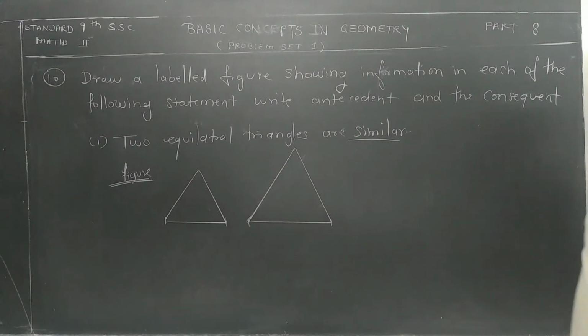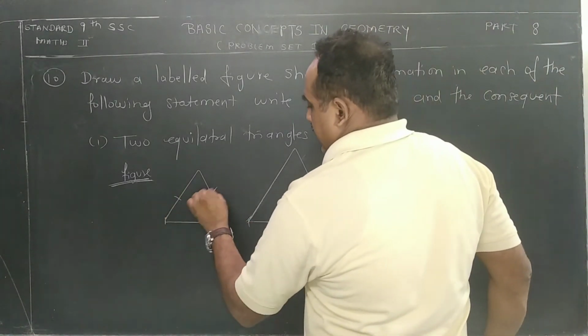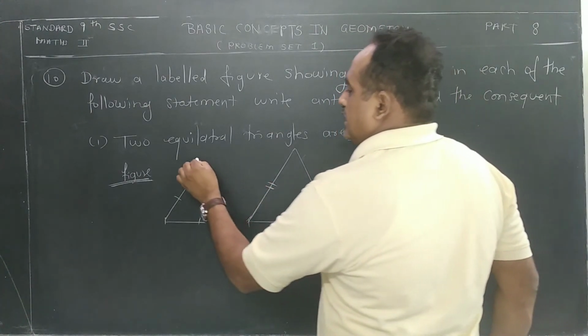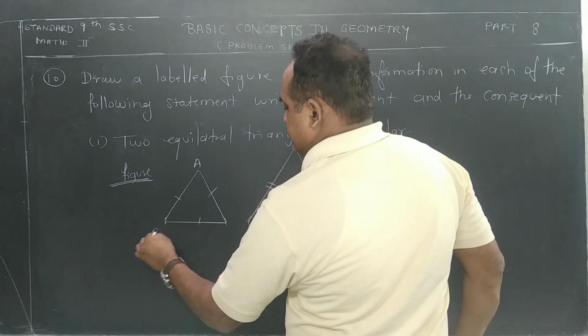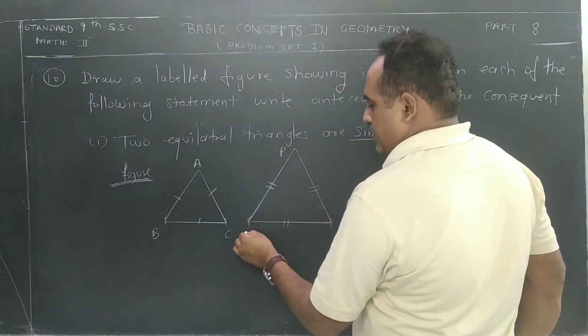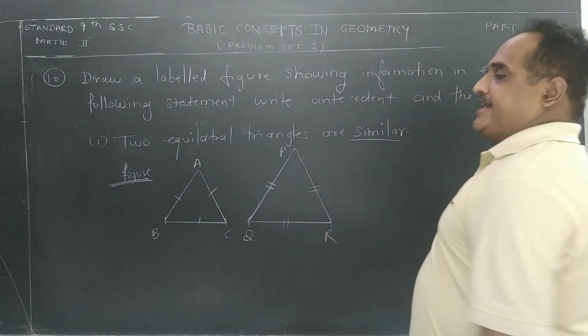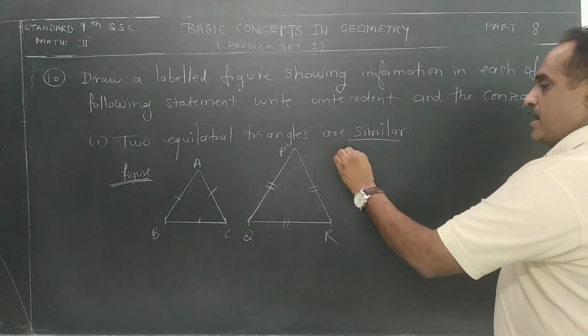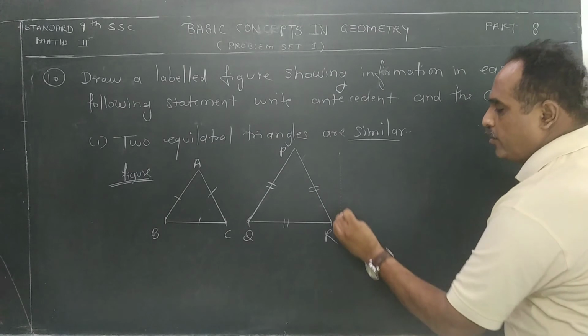These are the two triangles having equal lengths. This is an equilateral triangle. This is an equilateral triangle. Here I am going to write ABC. Here I am going to write PQR. Is it right? So, after drawing a figure, what am I going to do?